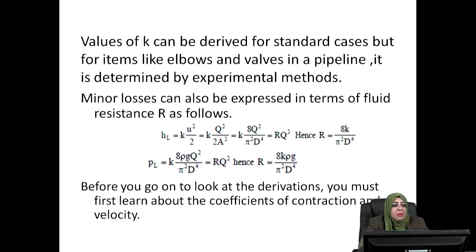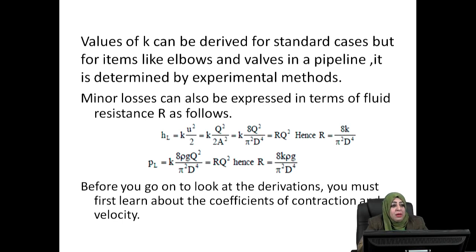The value of K can be derived for standard cases, but for items like elbows and valves in a pipeline, it is determined by experimental methods. The minor losses can also be expressed in terms of the fluid resistance R as follows. We will see how we derive them from the equations. That means H sub L equals K U square divided by 2g, equals K Q square divided by 2 A square.